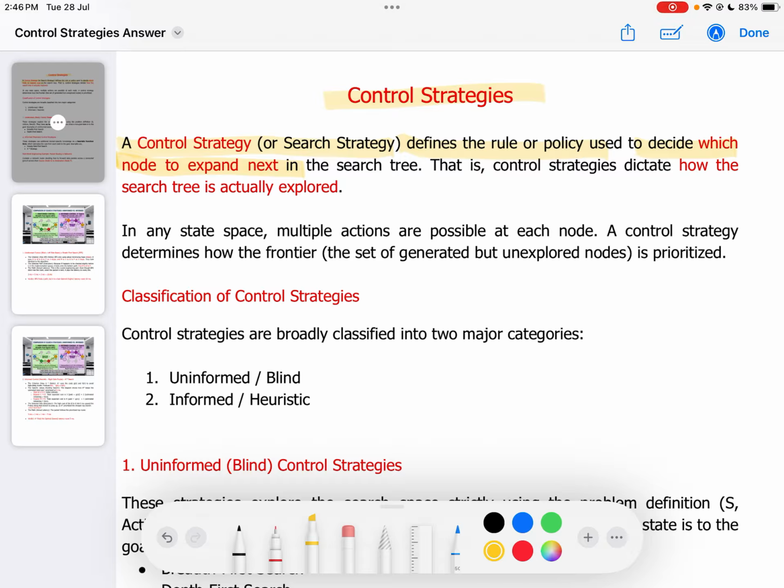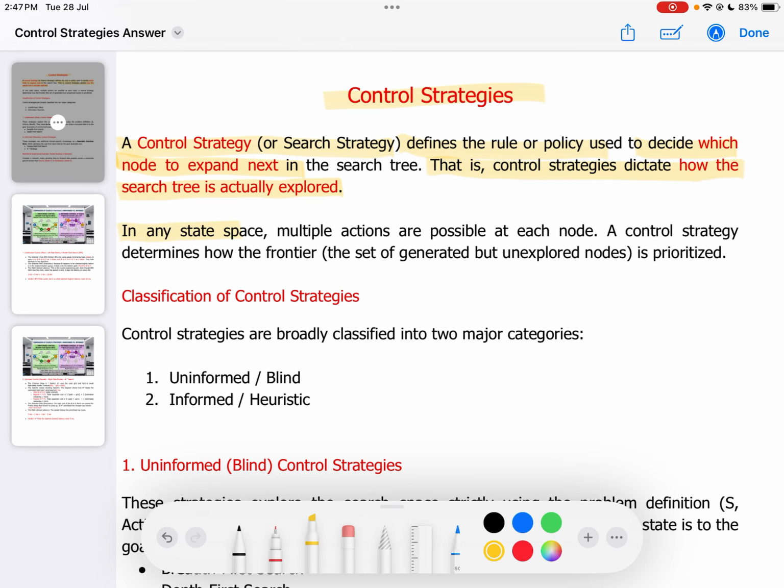Which branch to expand, which branch to explore, is decided by this control strategy. Control strategies dictate how the search tree is actually explored.